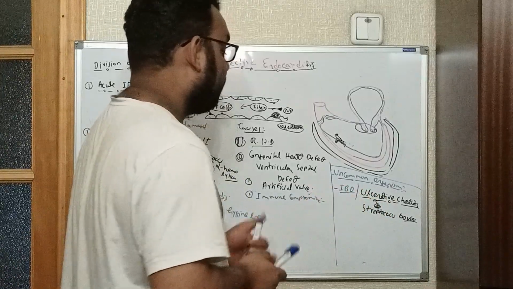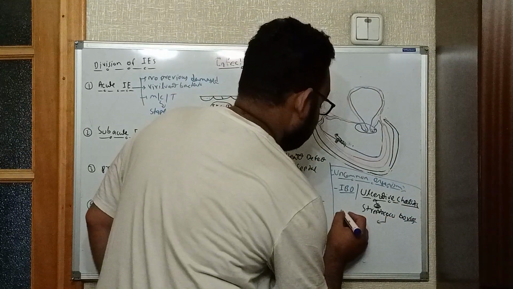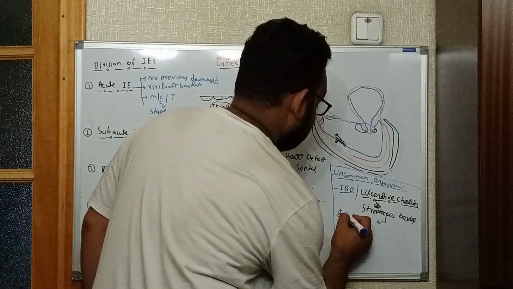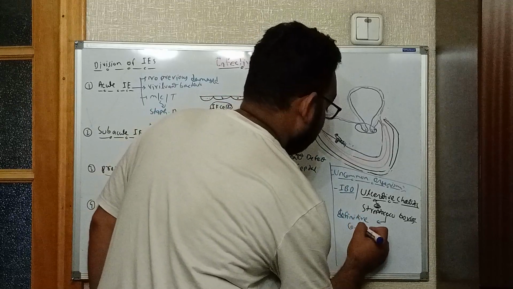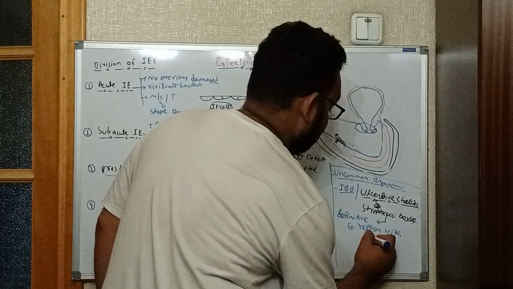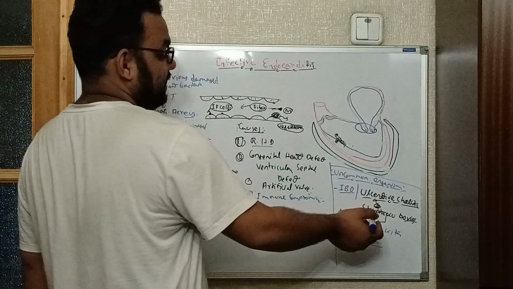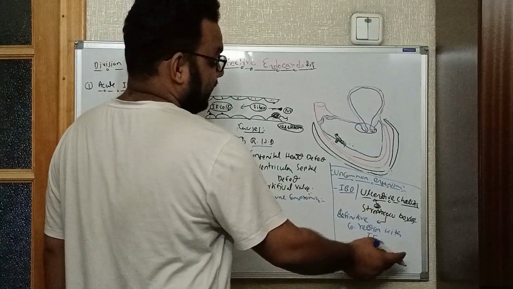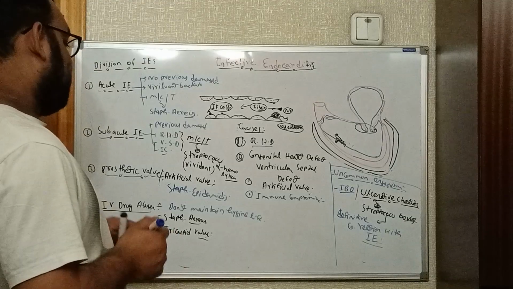Now this Streptococcus bovis has a definitive correlation or relation with infective endocarditis. So ultimately, the bacterium causing ulcerative colitis, Streptococcus bovis, can also cause infective endocarditis. So this is the relationship.